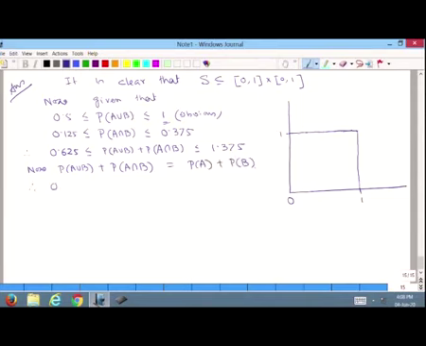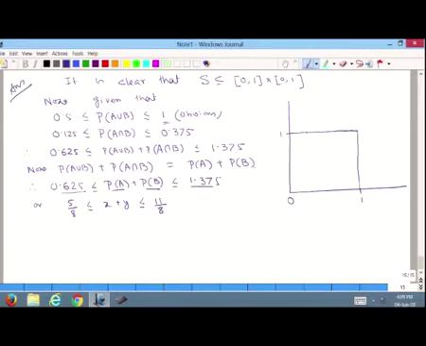Therefore, 0.625 ≤ P(A) + P(B) ≤ 1.375, or this we can write as 5/8 ≤ x + y ≤ 11/8.